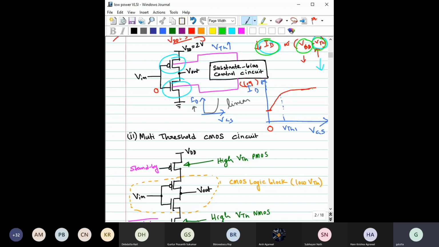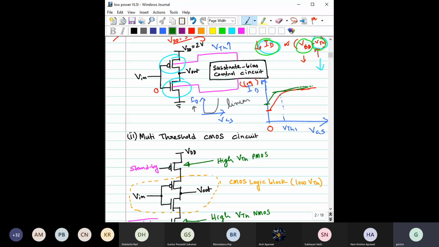The same characteristics will be shifted towards the left. You can see the leakage current has now significantly increased. So whenever you reduce the threshold voltage, your leakage current increases.